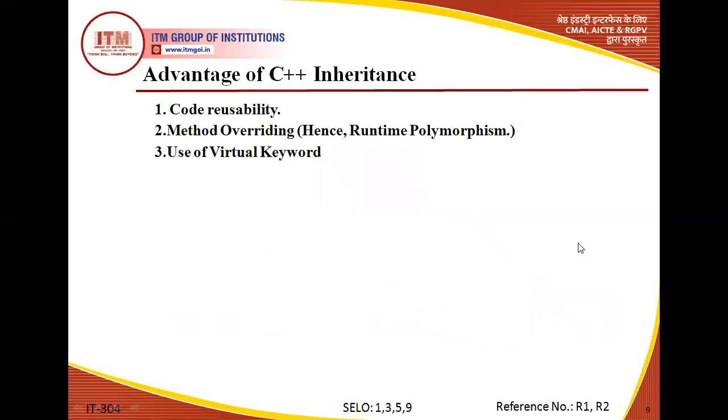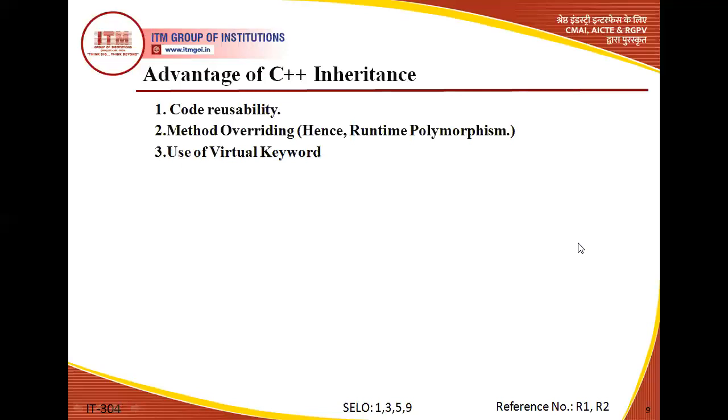So what are the advantages of C++ inheritance? First, code reusability. This is what you have seen, how we can easily reuse the code which I have declared once. The second one is method overriding, which is a part of runtime polymorphism. Students, I have given a little idea about this polymorphism concept in my previous lectures, and I can take polymorphism into a separate video lecture in a detailed manner, so there you can understand the things.